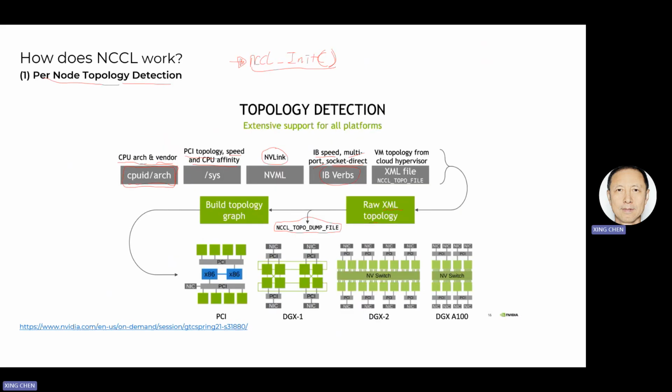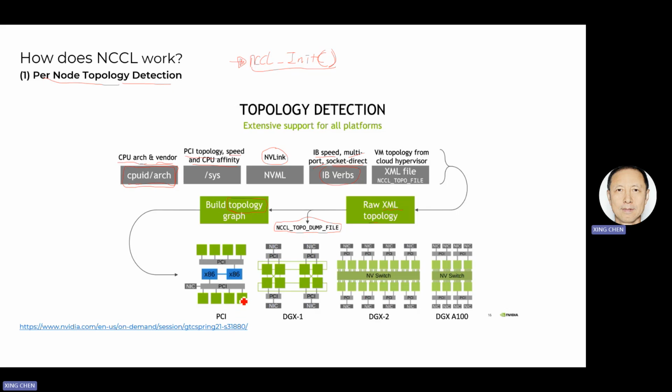The information has been collected, and the NCCL library needs to build up this topology, because here is topology detection. You collect all the information, you know the per node topology, and then you need to build up a graph for this topology.